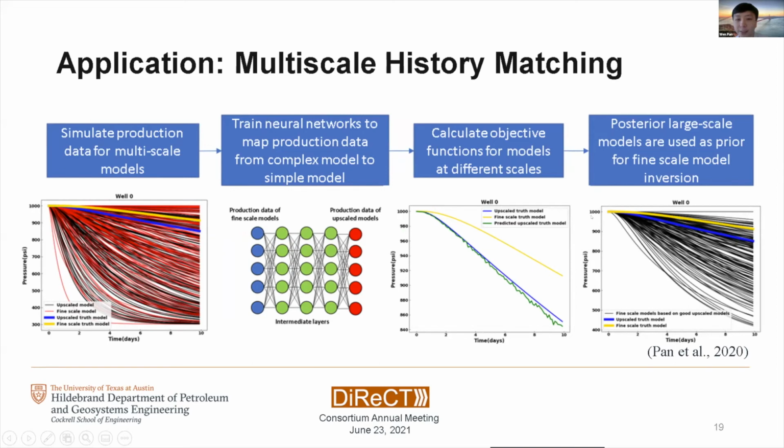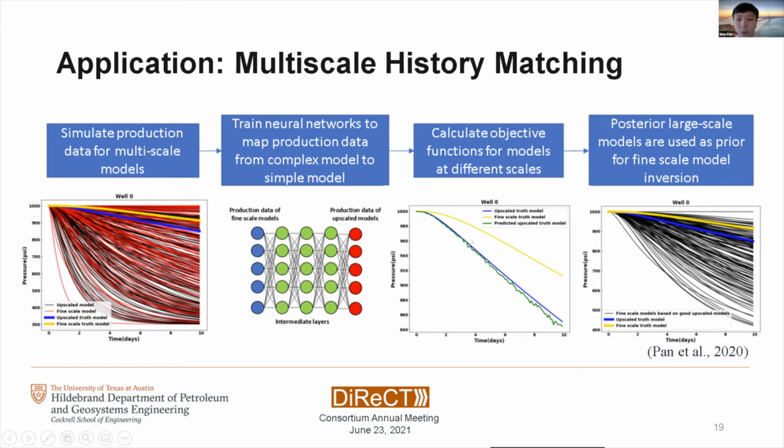But the basic idea is to start with a large-scale reservoir model and try to match the production data, and then use them as prior models and simulate the next scale reservoir models using those prior models. Then we have more model parameters, and we perform the history matching again to try to get a better match of our production data.